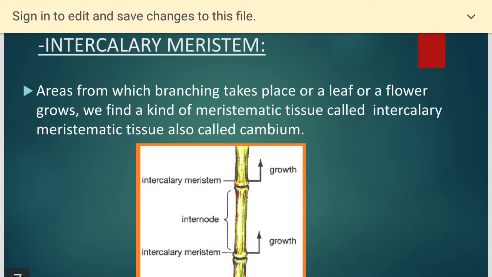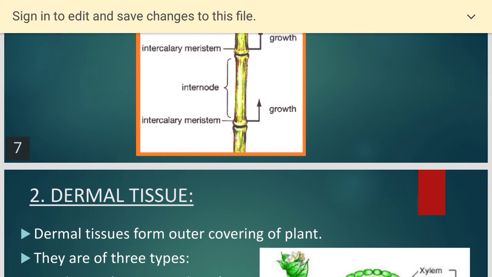Now here you have to remember: wherever a leaf is arising, a flower is arising, or the branches are growing, those points have the intercalary meristem. So the points which give rise to a branch, leaf or flower are called intercalary meristem.